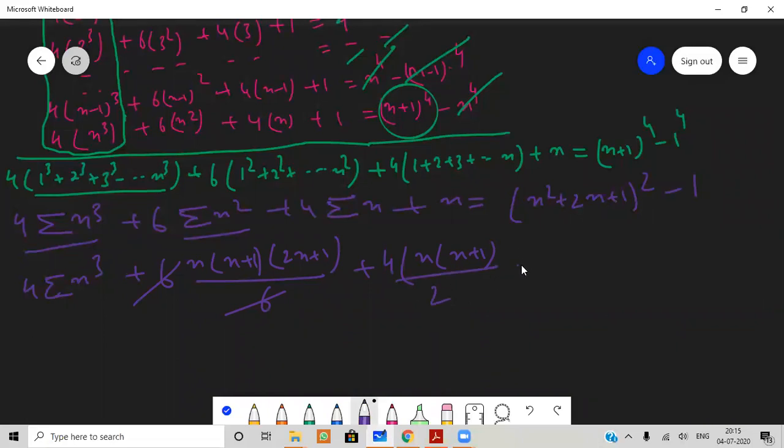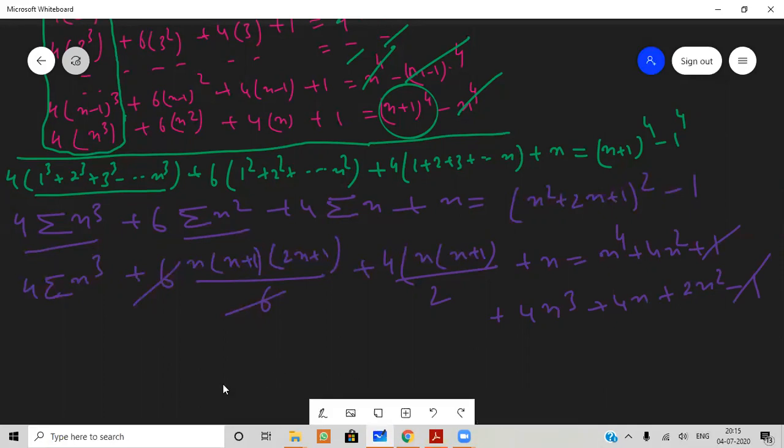And then plus n is equal to, when I simplify this, what do I get? n to the power 4 plus 4n cube plus 6n square plus 4n plus 1, minus 1. This minus 1 plus 1, bye-bye.